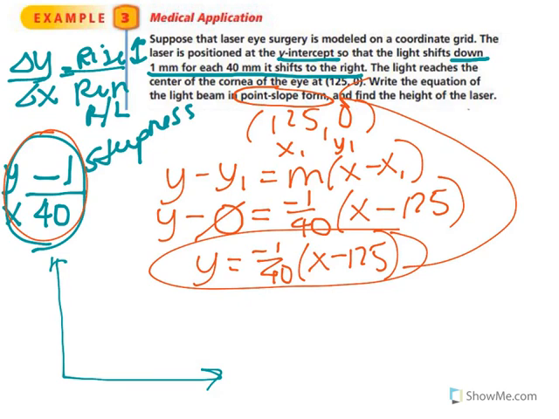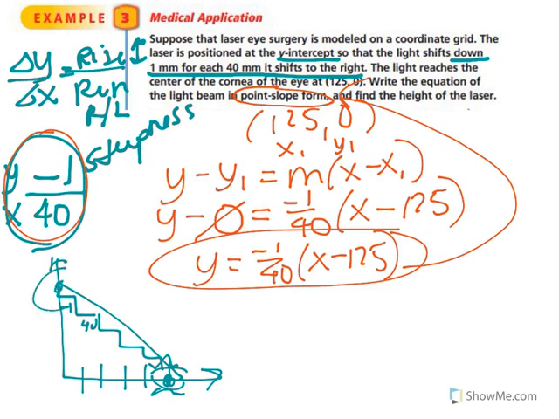I have the eye, so if I count 25, 50, 75, 100, 125, 0, that's my eye at the center. And what's happening is that we're going down 1 for every 40, down 1 for every 40, and this is my laser. Just imagine everything's on the line here.